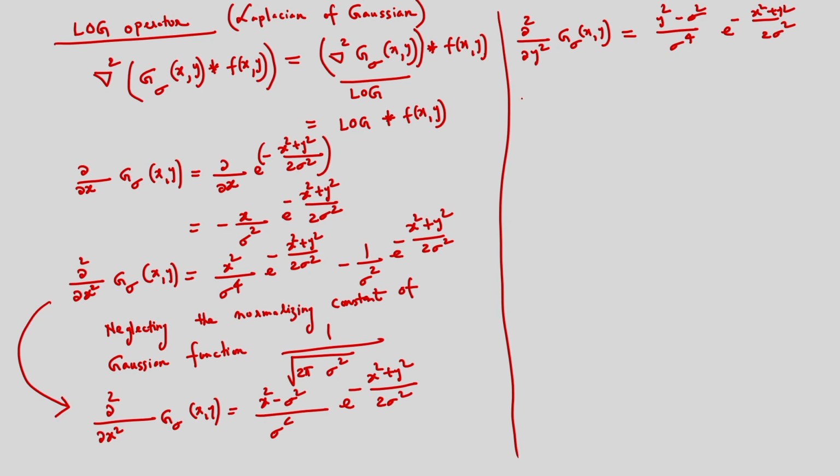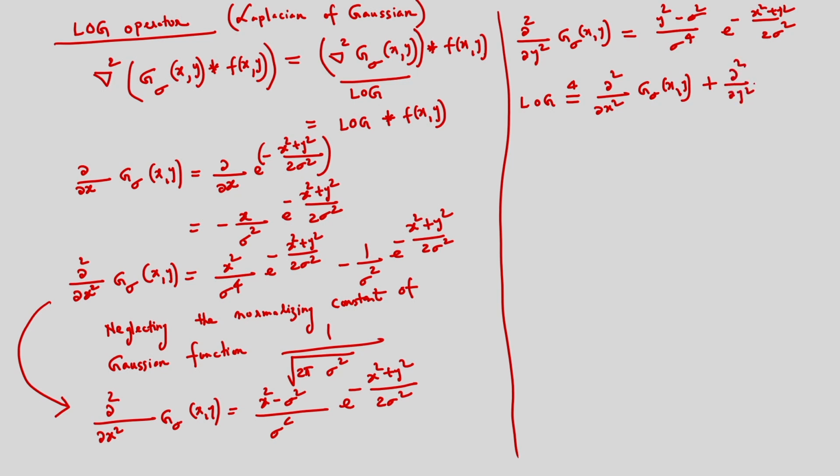So ultimately the LoG function, the Laplacian of Gaussian, will be equal to del 2 by del x 2 plus del 2 by del y 2, because I have to consider the x component and the y component.